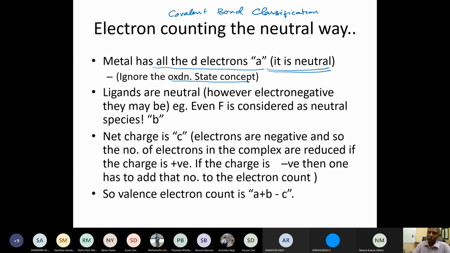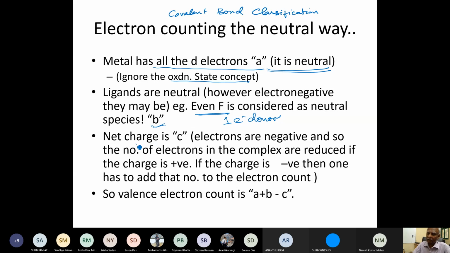If, for example, you have fluorine, you know very well that fluoride is extremely electronegative and it will grab whatever electron density there is around. But still, you take fluoride as a neutral species, and you consider it as a 1 electron donor. This is a very strange thing, but this is the way the neutral or the covalent bond classification method suggests that we do electron counting.